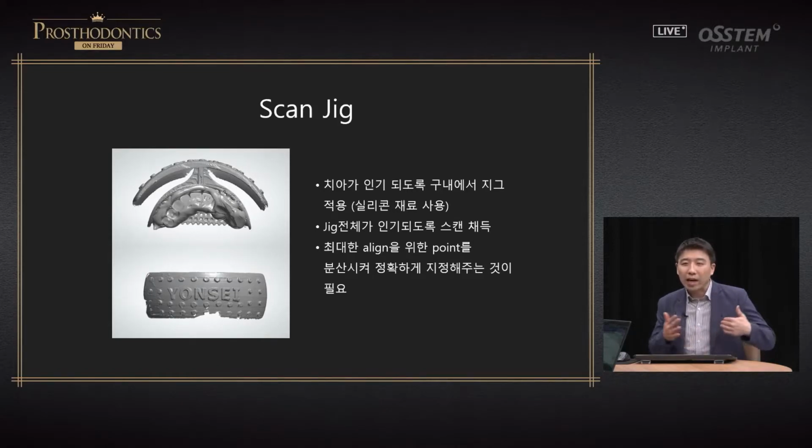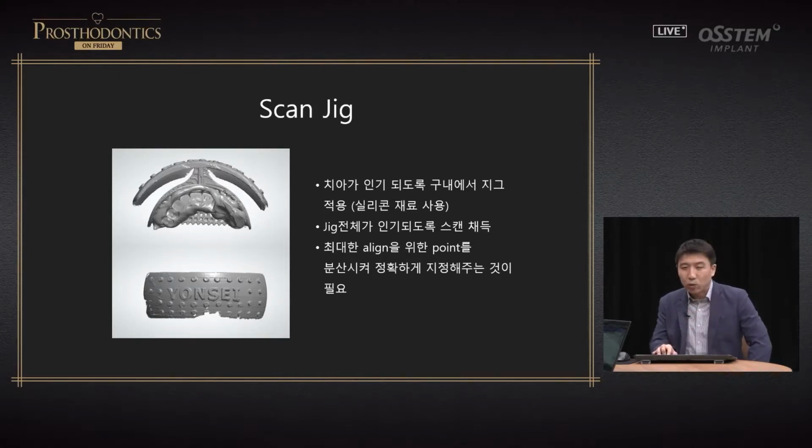We do 3D printing, and when the patient comes in, you use a silicone material so that the tooth form is registered. Teeth need to be exposed as much as possible so that when you merge the model scan or oral scan, there can be many landmarks. When you do a facial scan, I have the patient bite on it and add a scan.